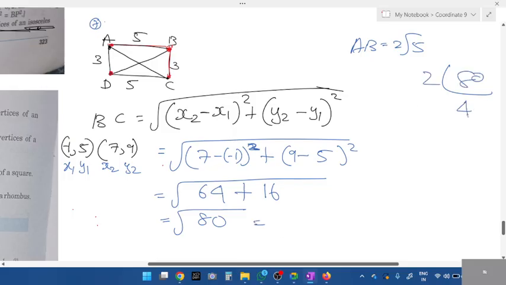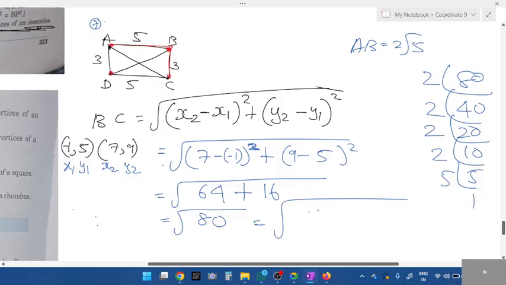2 into, only 2 into 2 into, 2 into 20 next. How many same numbers do I need to pair? 2.